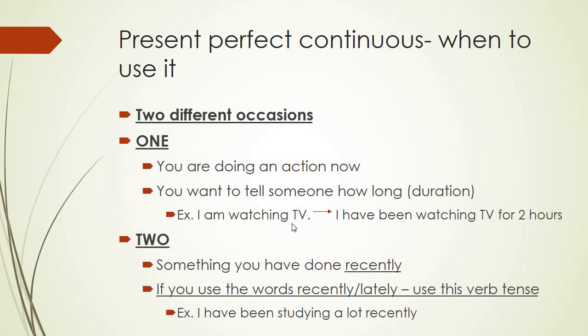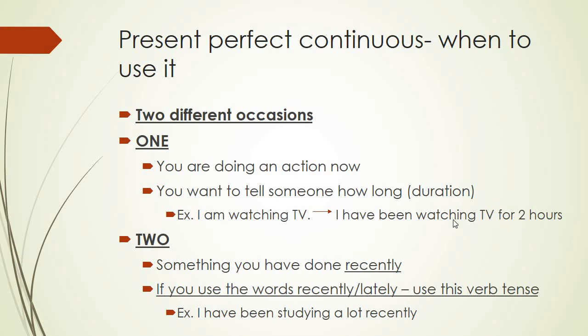But if you want to tell someone how long you've been doing it, then that sentence, I am watching TV, changes. So here, for 2 hours, you're telling someone how long. So this one here becomes, I have been watching TV for 2 hours, because you have included this duration.